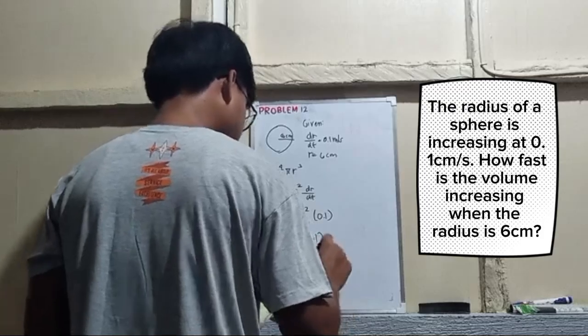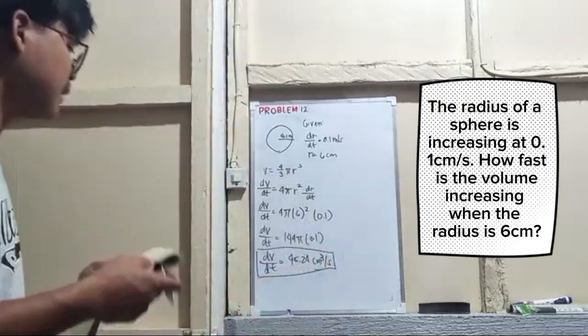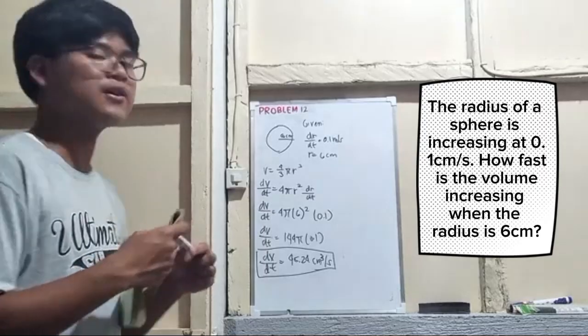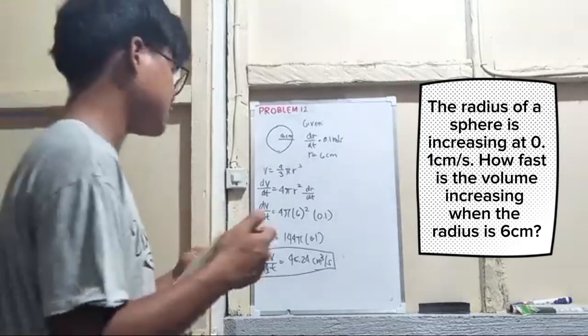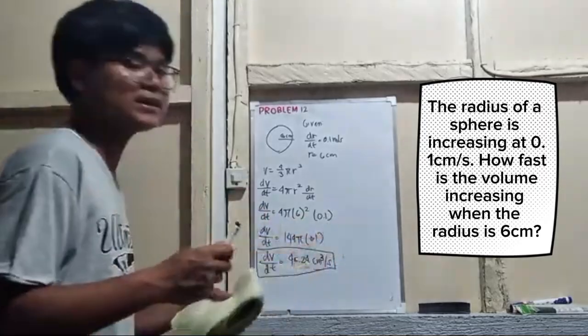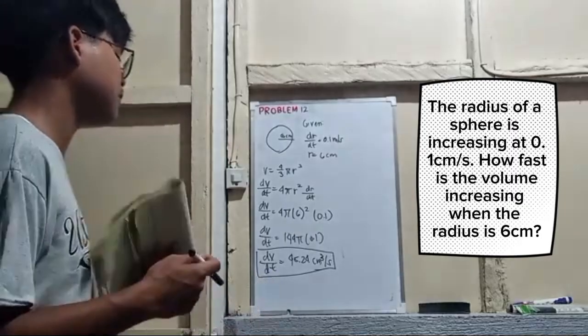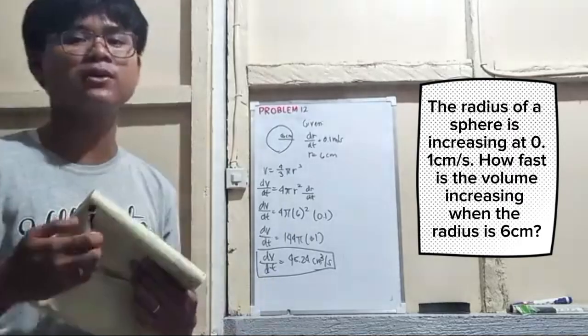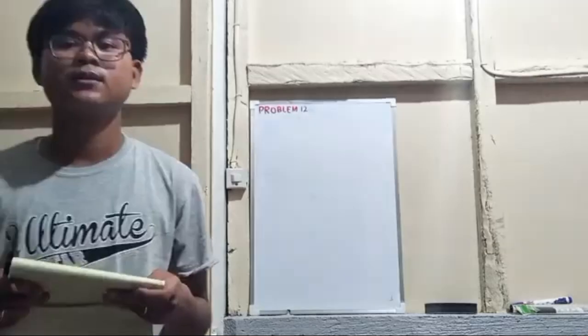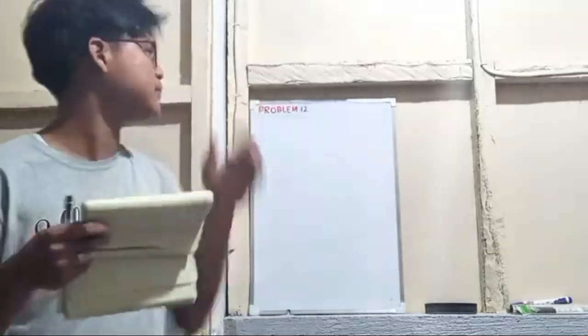So this is the final answer. This is the rate of volume increasing when the radius is 6 centimeter. So dV/dt is equal to 45.24 centimeter cubed per second. So we'll proceed to problem 13.